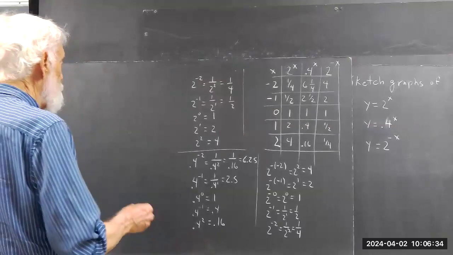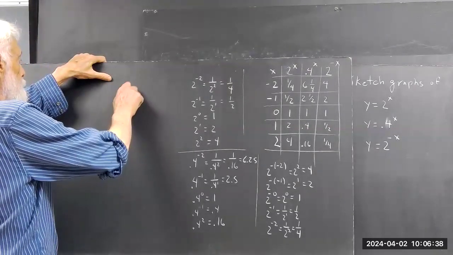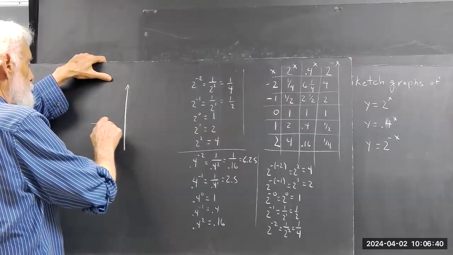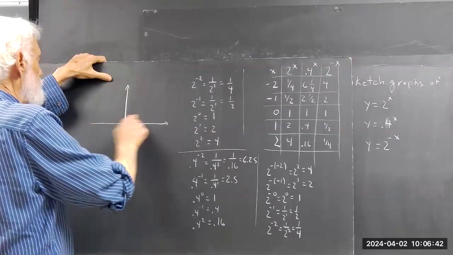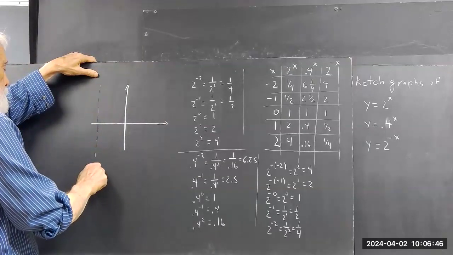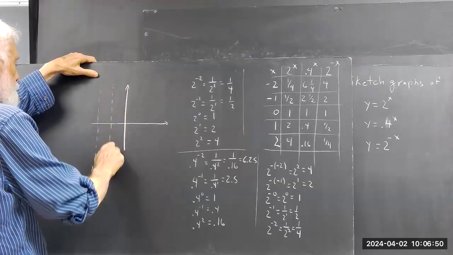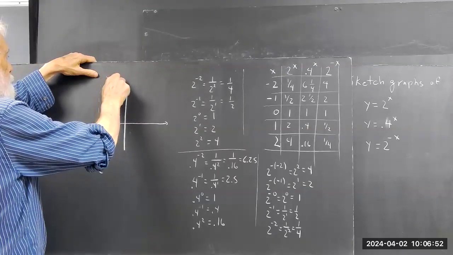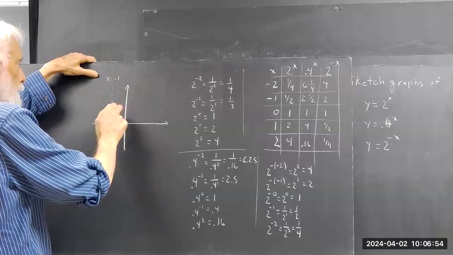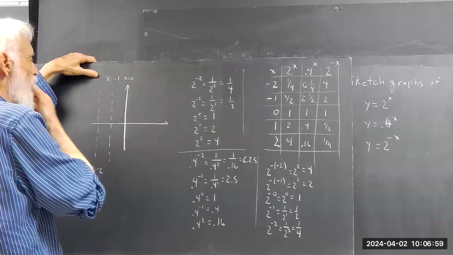Okay, so we can draw graphs. I'm going to do it like this. Here's x equals -2. Here's x equals -1. The y-axis, of course, is x equals 0.